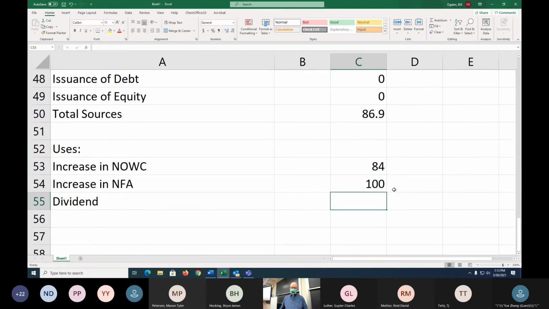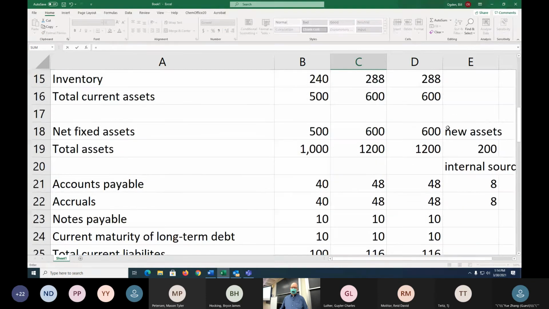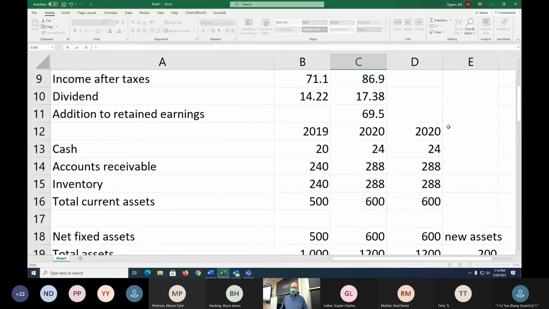And then we'll capture our dividend as the last of our uses. That would be right here.